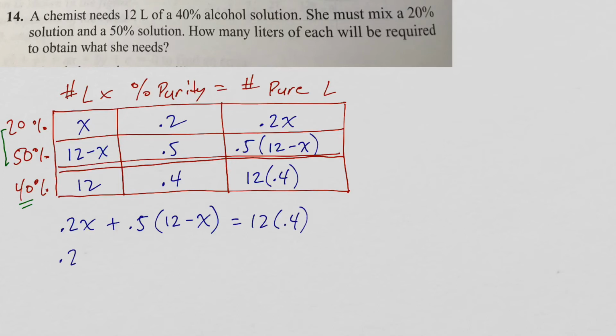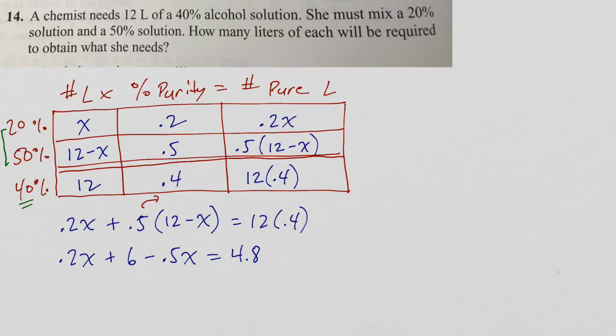We have 0.2x plus, I'm going to distribute this 0.5, and I'll get 6 minus 0.5x is equal to 12 times 0.4. I think that's 4.8, but I'm just going to double check. Yep, that's 4.8.